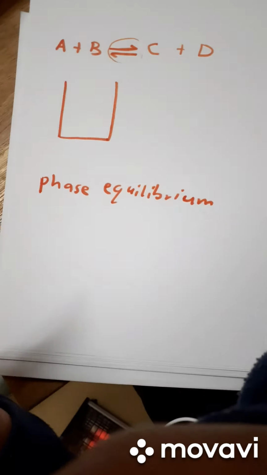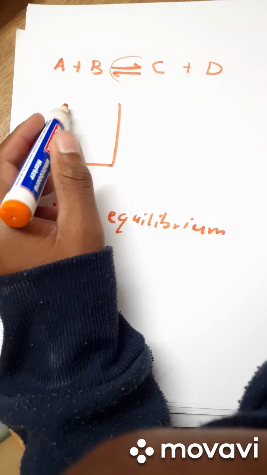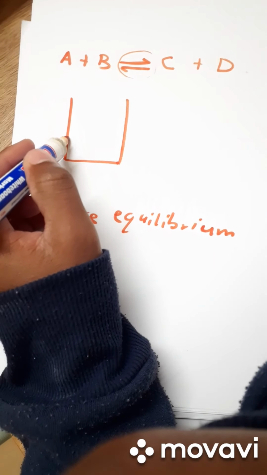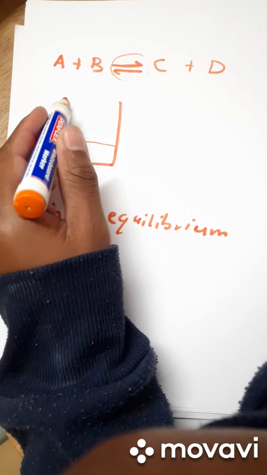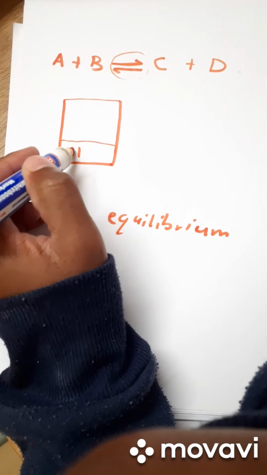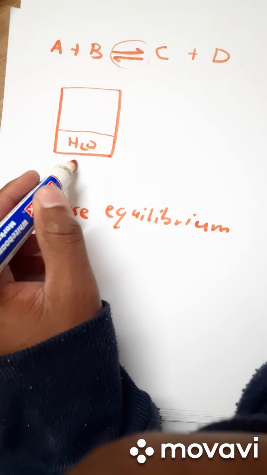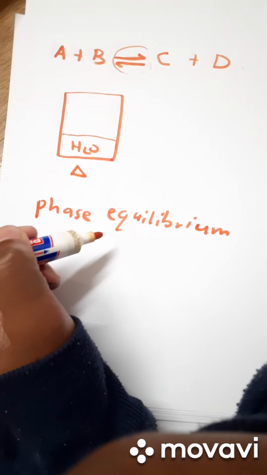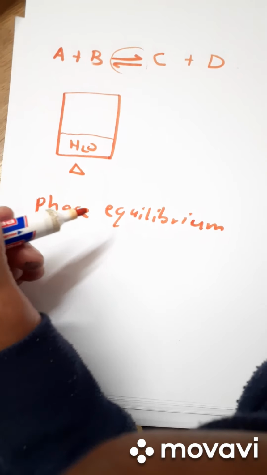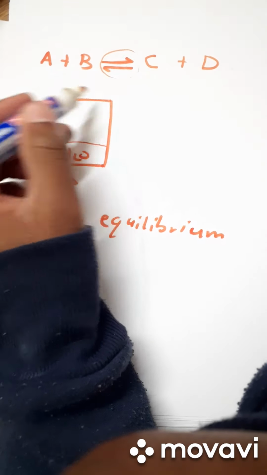Now, suppose you have water in here, water in the form of a liquid. Then you supply heat here. Then you seal the container.